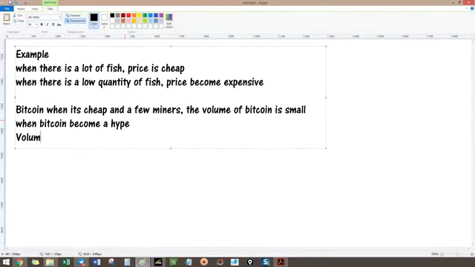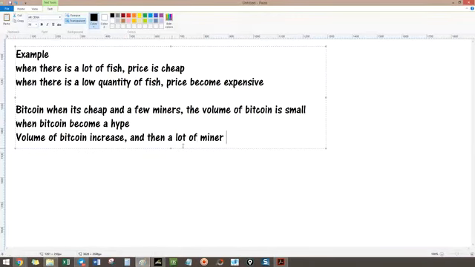volume of Bitcoin increase. Okay, and then volume increase, and then a lot of miners, a lot of new miners.